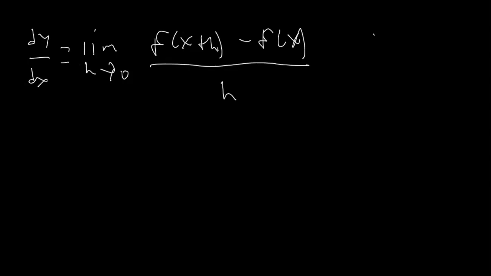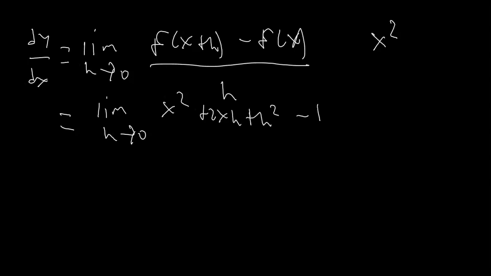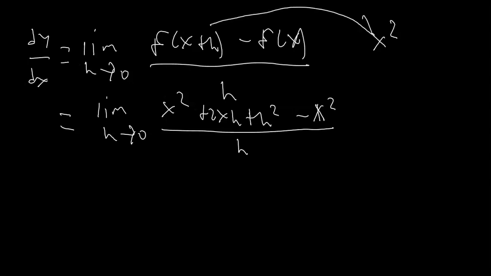And we'll just do it on the same expression. So we know that the limit as h approaches 0 is equal to x squared plus 2xh plus h squared minus x squared, over h. All I did was plug x plus h into x squared, since that's the definition.